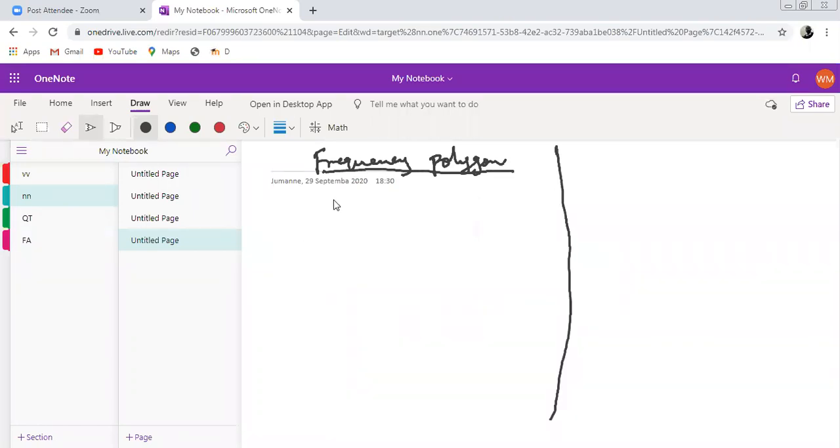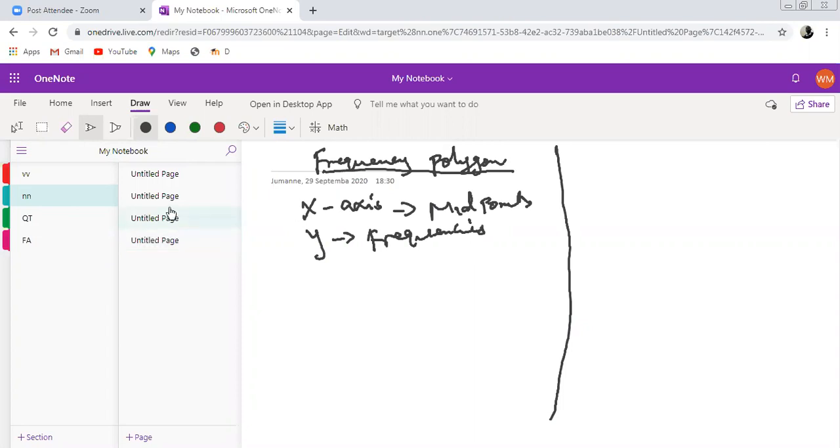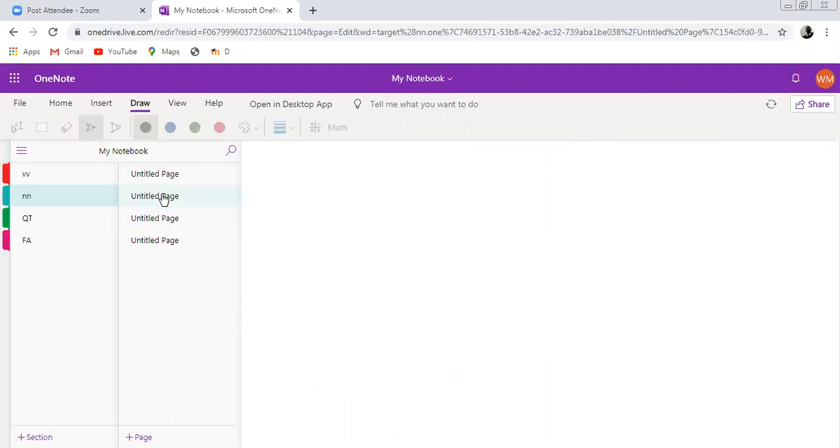In this case, the x-axis is going to have the midpoints, and the y-axis is going to have the frequencies. Then we join those points using a ruler.